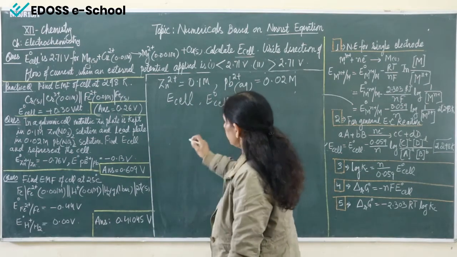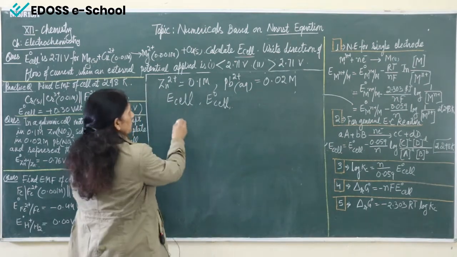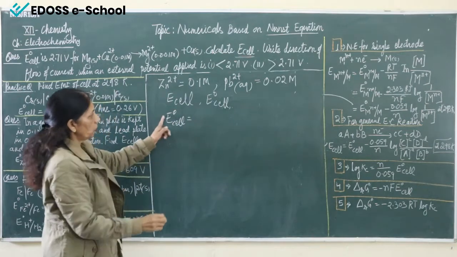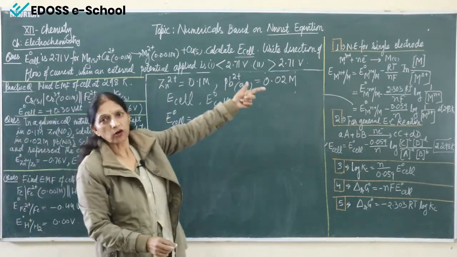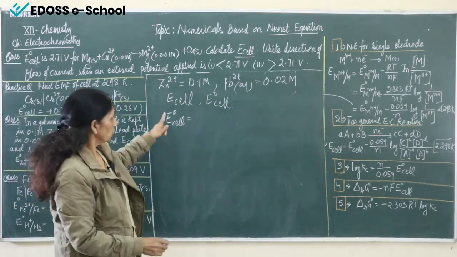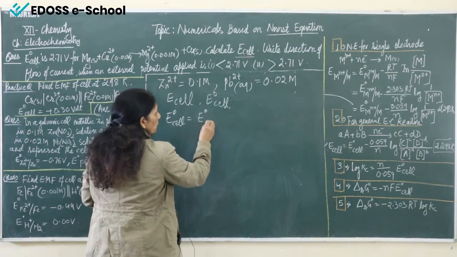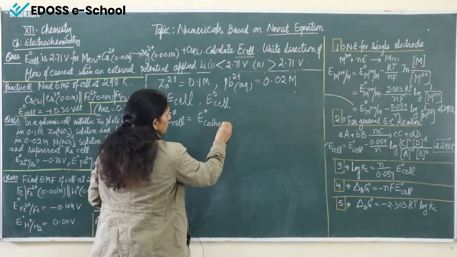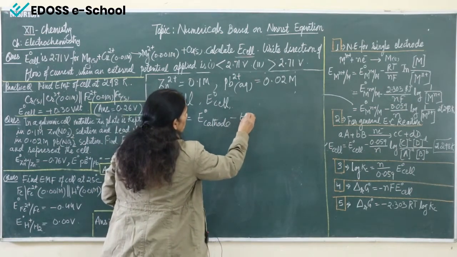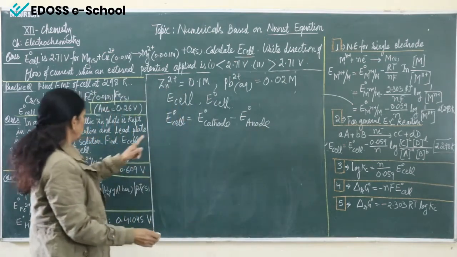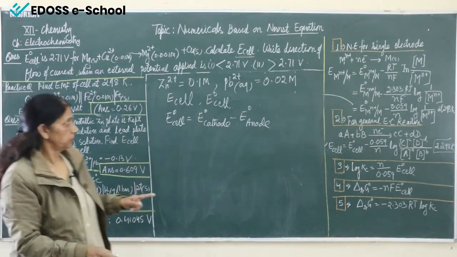Because we know both single electrode potentials, E naught of the cell is always equal to E naught of cathode minus E naught of anode. So here the values are already given to you.